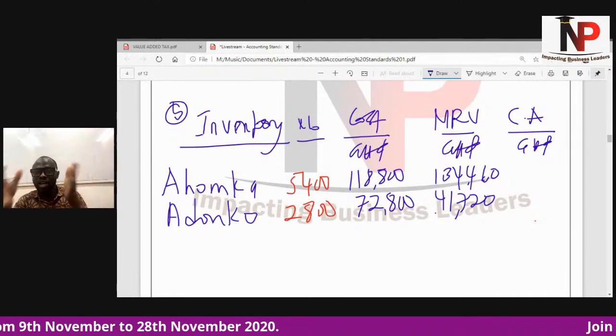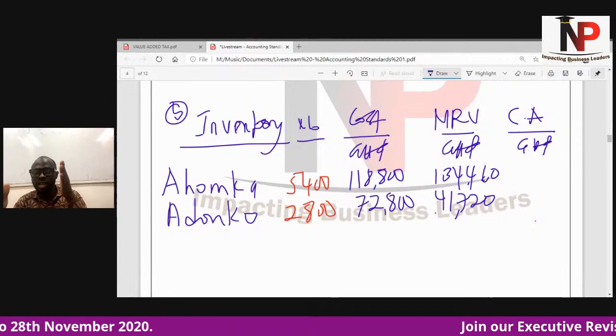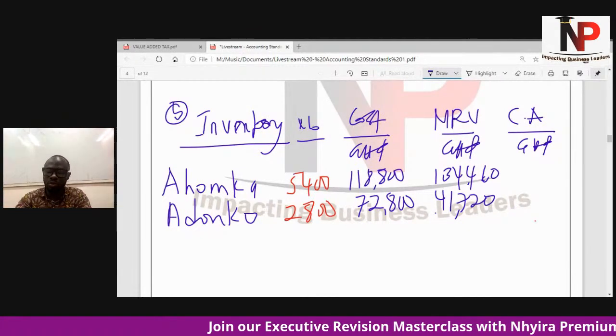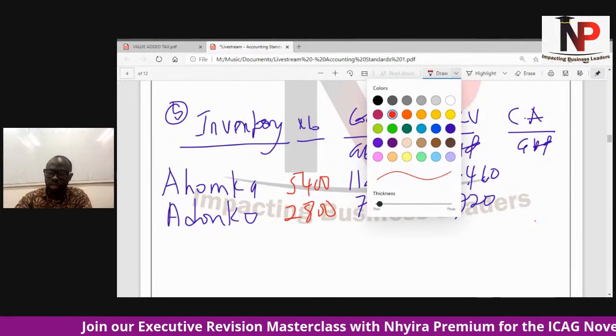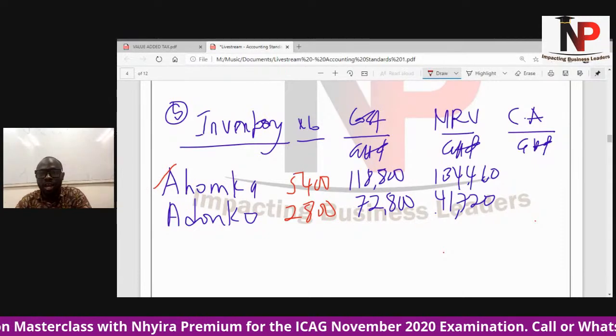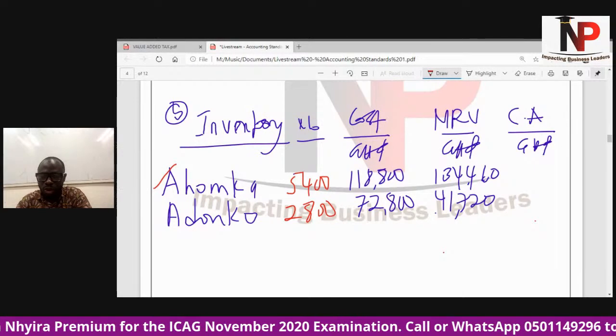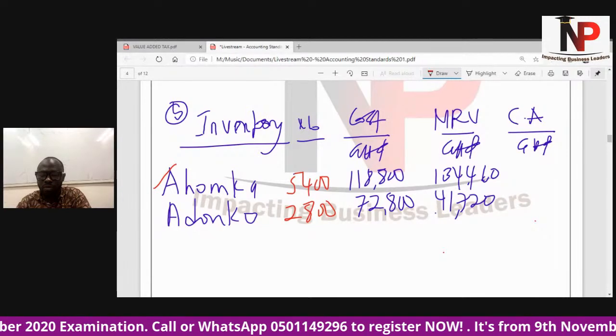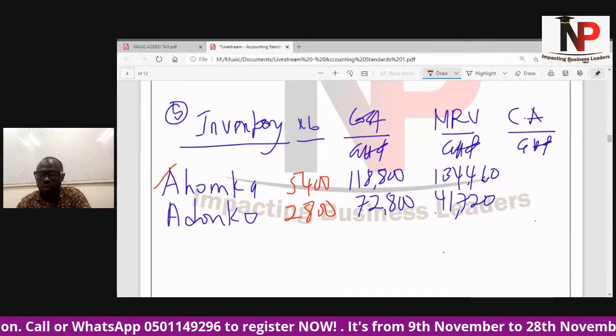Remember how we carry it. We're going to be carrying it at lower of cost or net realizable value. So we will compare the two figures we have there. So if you look at the Ahomka, what is going on there? You see that the cost is 118,800, but the net realizable value is 134,460.